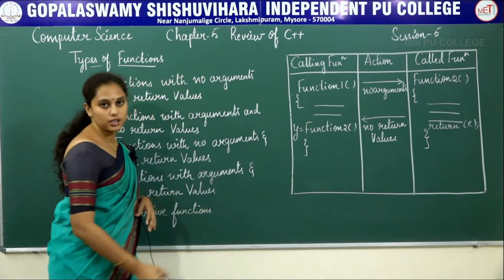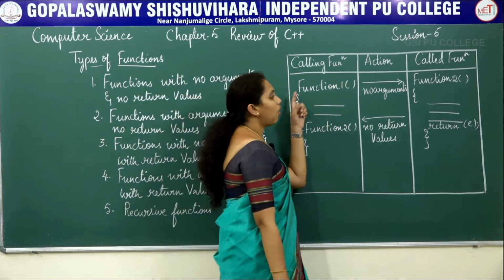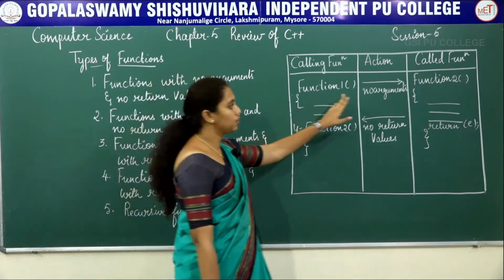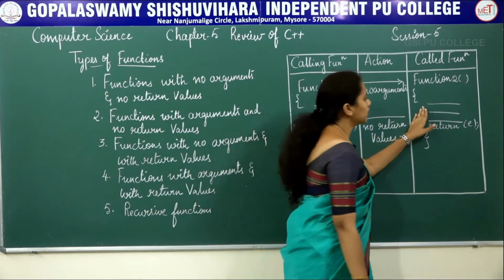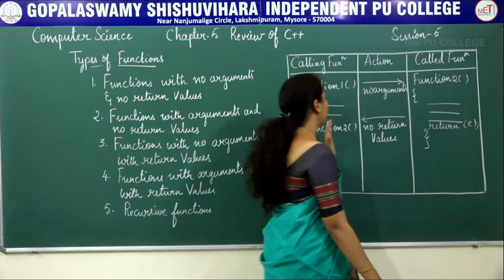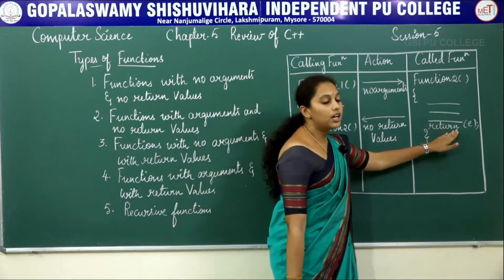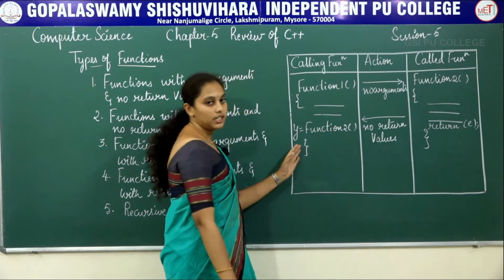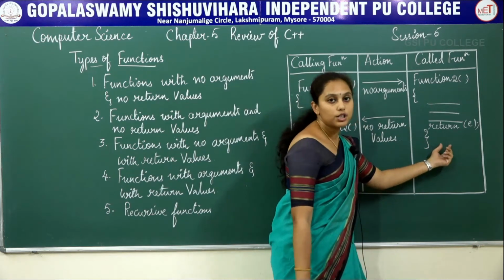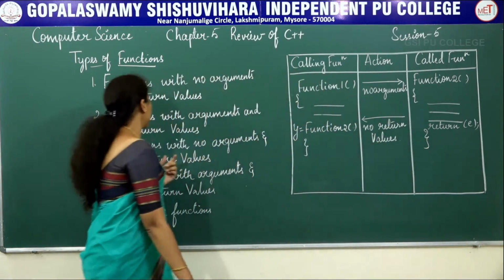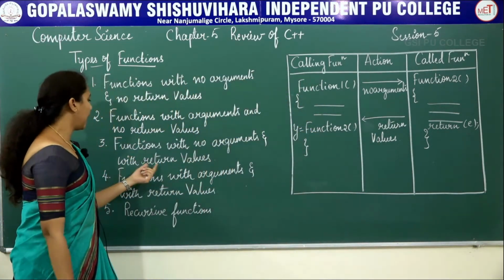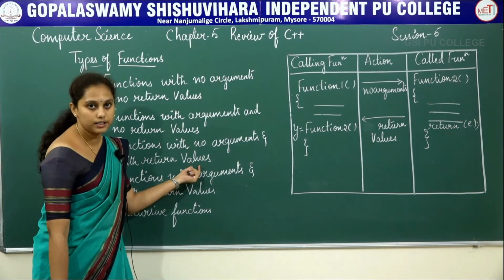In this type of function, the first function calls the second function, but it does not pass any arguments to function 2. Function 2 performs its calculations and sends the value back to function 1 with the return statement. See here, the variable y is receiving the value from function 2. So this is called function with no arguments and with return values.